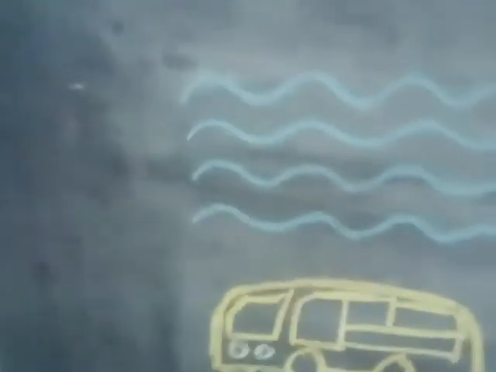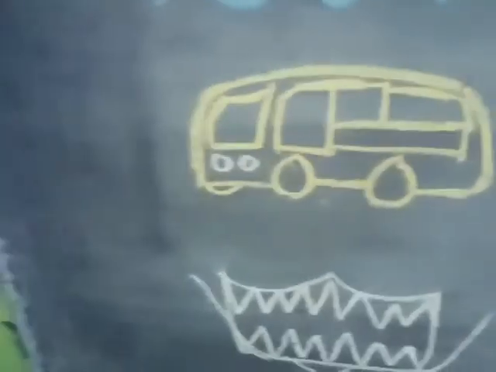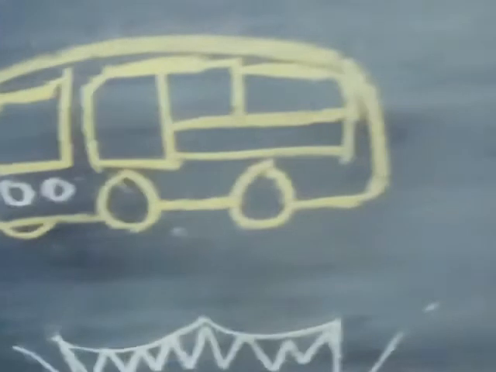Next picture. So can you identify? It's sea. Sea means water. Yes? Sea. Very good. Next picture is van. Van. So go and match to the word van.